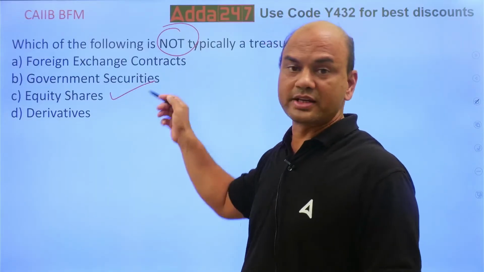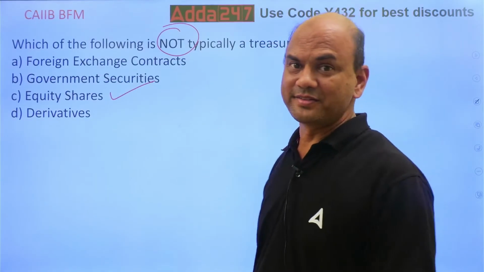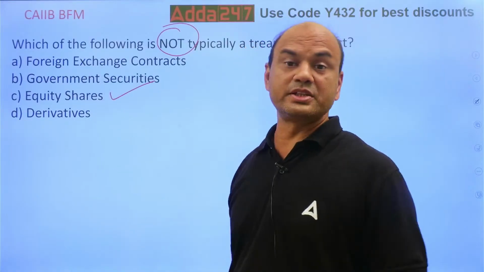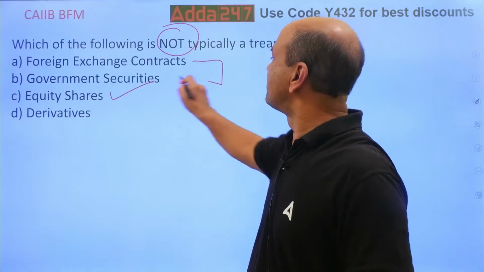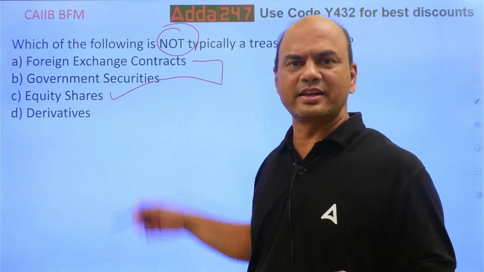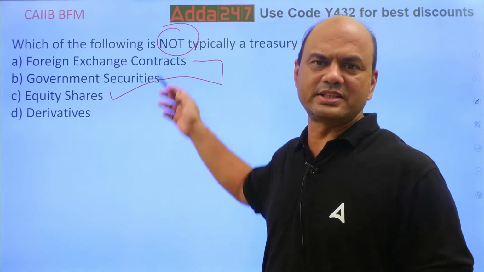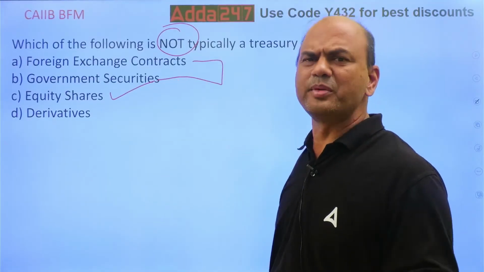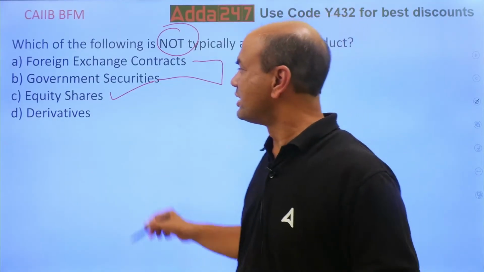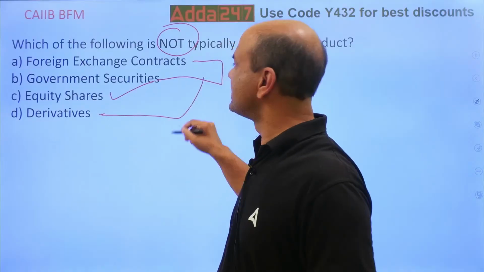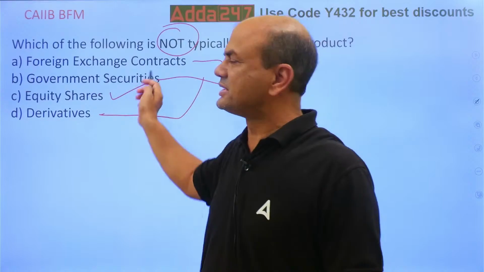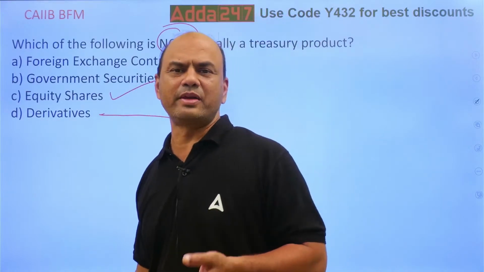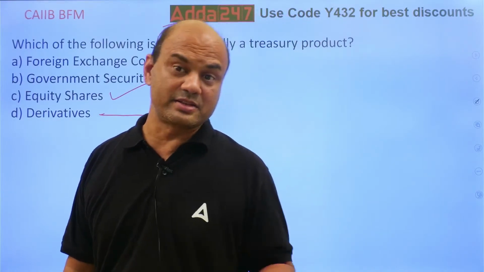Foreign exchange contracts, that is a job of treasury. Government securities, job of treasury. Buying and selling. These two are the bread earners for any treasury: foreign exchange contracts and government securities. Government means it can be private also now. And this third, derivatives. These three. Like government securities, we have private securities also. Private securities are called debentures.